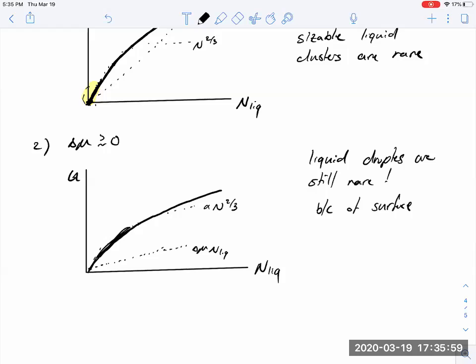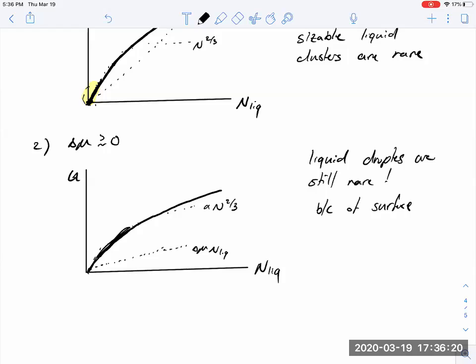They don't have the low energy or the high entropy of any of the stable phases, which means that even near coexistence, it's a really uphill battle to grow a liquid droplet from these microscopic scales to something larger.